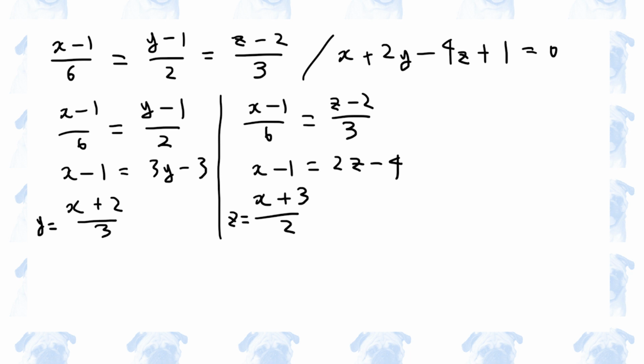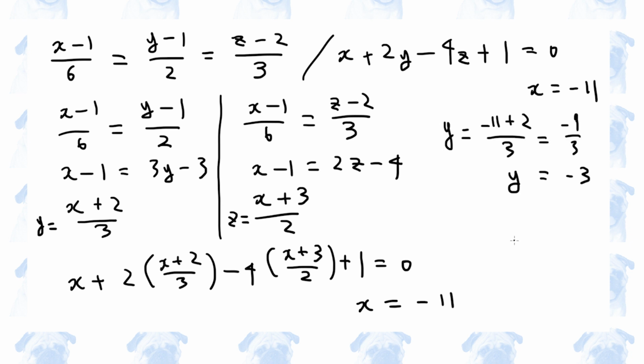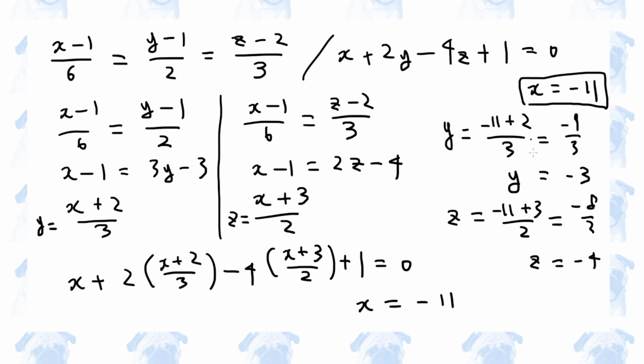Now let's substitute these values of y and z into this equation. x is equal to minus 11. Now substitute this value of x into the equation for y. So y is minus 3. And finally, let's substitute this value of x into the equation of z. So z is minus 4. So these are the answers.